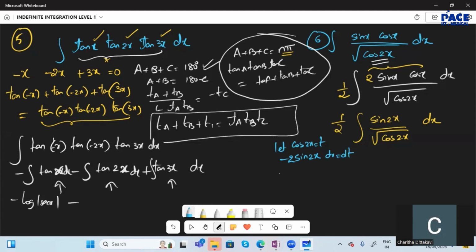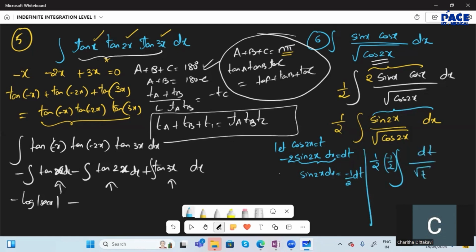So now observe here carefully, sin 2x dx can be written as minus 1 by 2 dt. That is what I am replacing here. That minus 1 by 2 is taken out here, dt by root t. Is that clear?